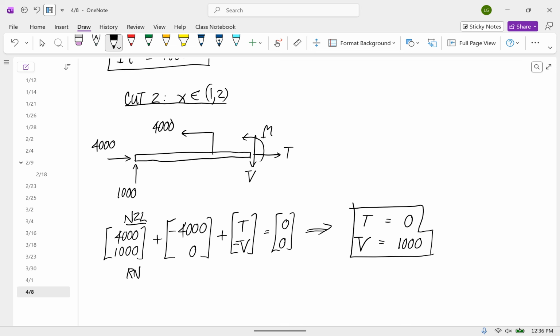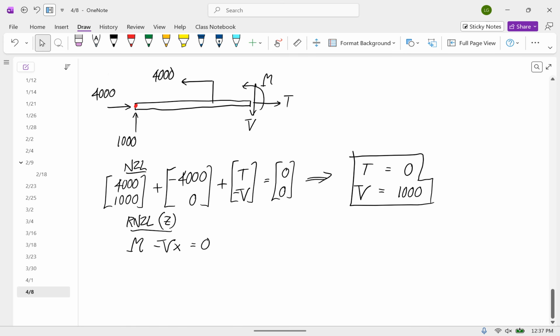And then the moment equation about the z-axis, my about point is at the left. No moments produced by either of the things at the about point. No moment produced by this horizontal force. So again, we just have M minus Vx is equal to 0.